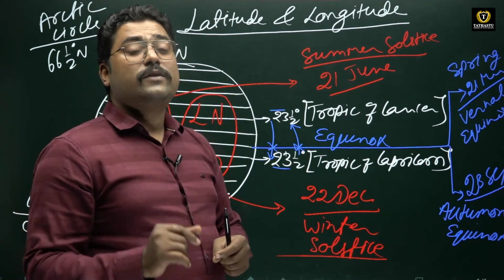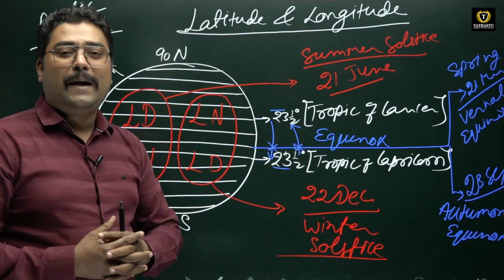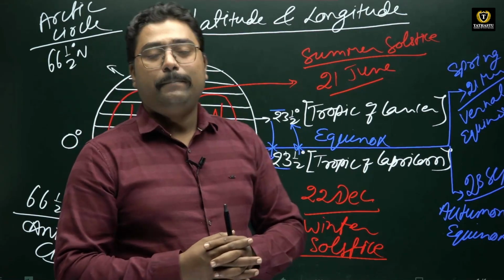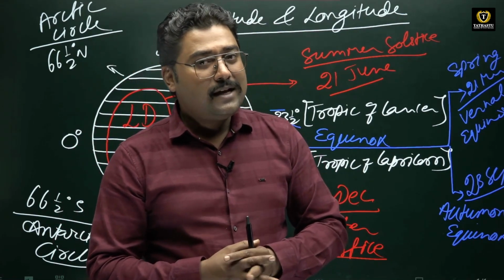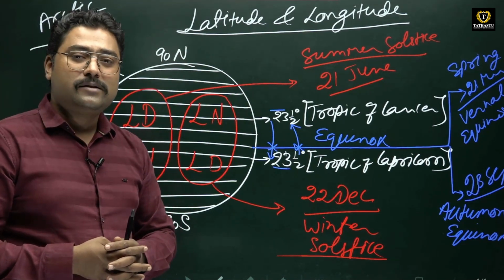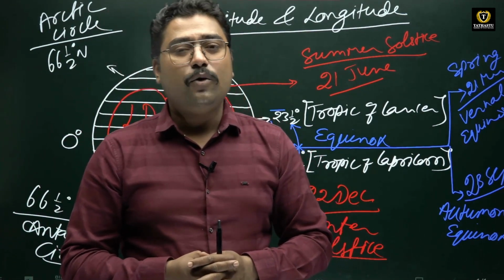So the answer will be, except Tropic of Cancer and Tropic of Capricorn, the places which are located between them will experience maximum 2 vertical sun rays or maximum 2 zero shadow days.